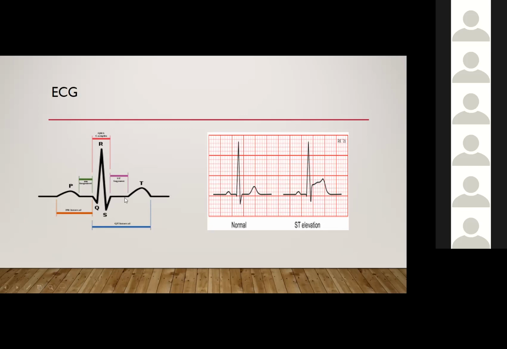Now let's look at the ECG. Let's say the cardiac enzymes have come, and the troponins were high, so this is a myocardial infarction. Now the next stage is to know what kind of myocardial infarction we are dealing with. Whether we are dealing with an ST segment elevated myocardial infarction, which will mean that the coronary arteries are totally occluded, and so you need to be aggressive with your management.